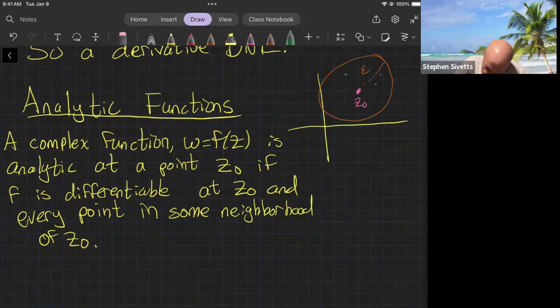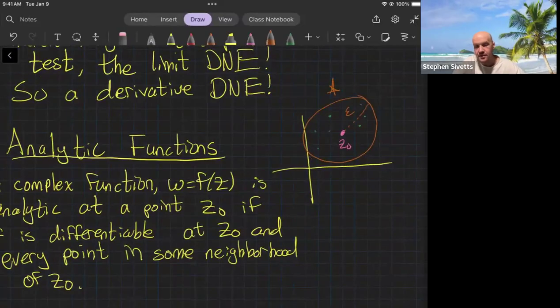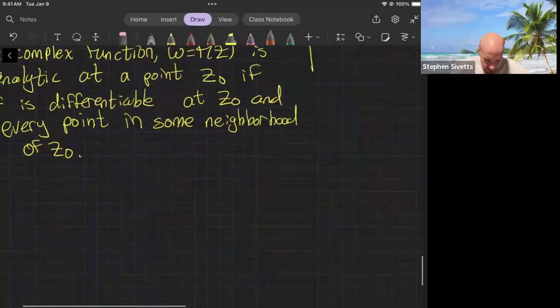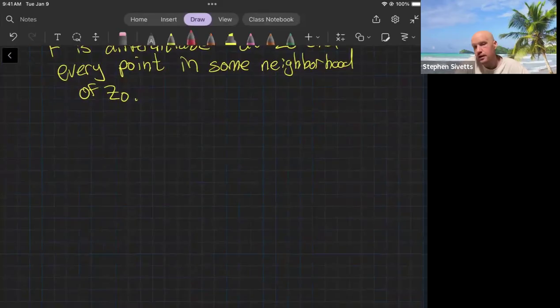We look at whether the function is analytic at every point inside this epsilon neighborhood of z naught. If it is, then it's analytic. So we're looking at differentiability of functions that may be defined in some circle centered at z naught.